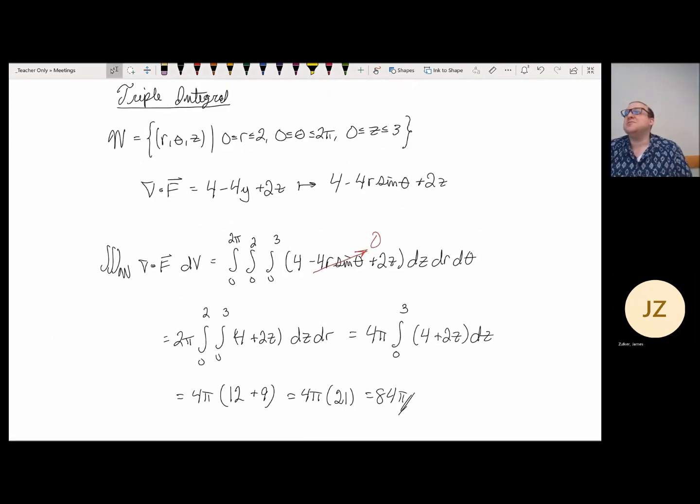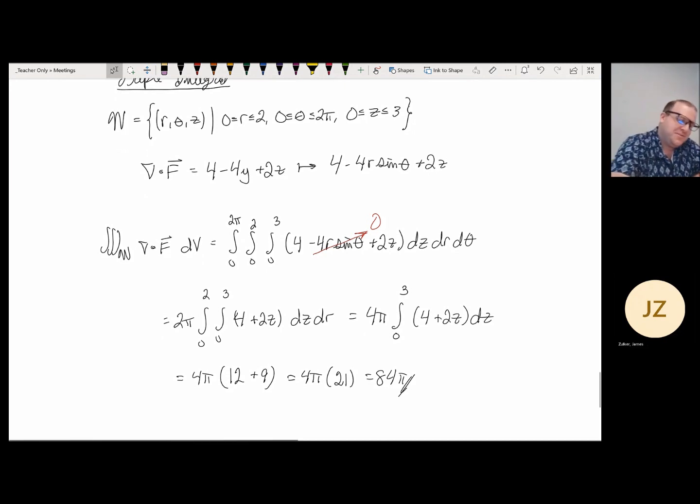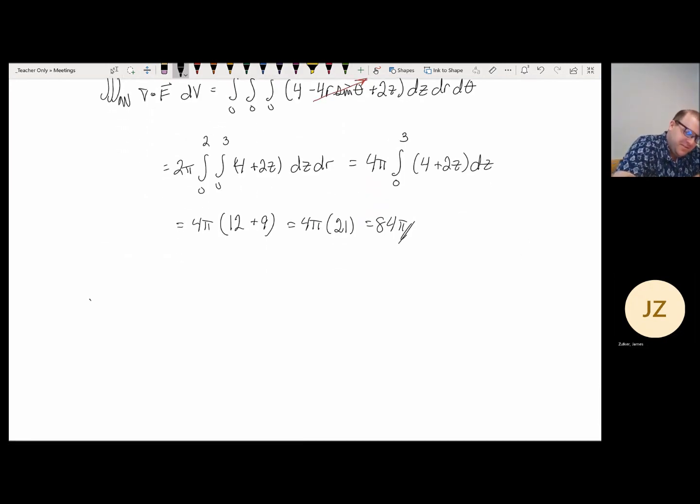Now, it wasn't that much easier. Oh, I love divergence theorem. And so we verified divergence theorem.